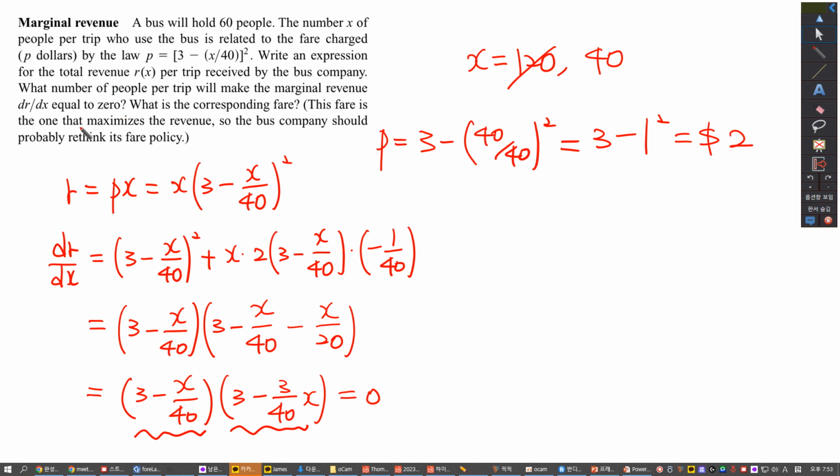But because the bus can hold up to 60 people, 40 people is kind of too early. So they may need to adjust this equation for the fare. So let's think of this case using graphs.